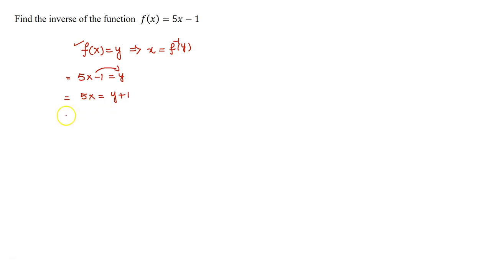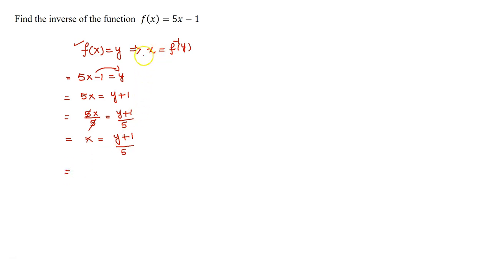Now I want x, so divide both sides by 5. The 5 gets cancelled. x is equal to (y plus 1) by 5.